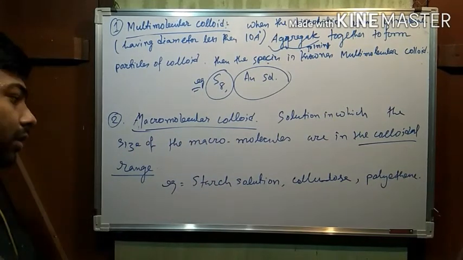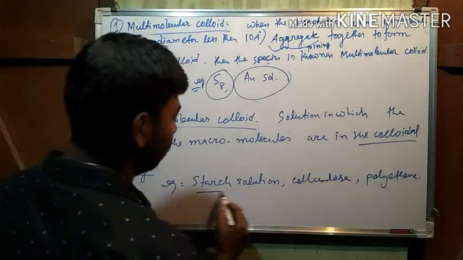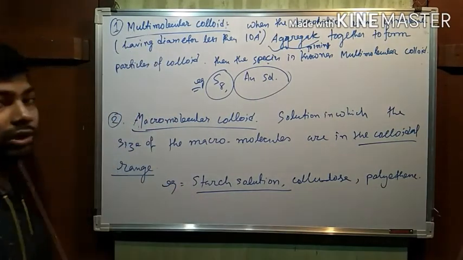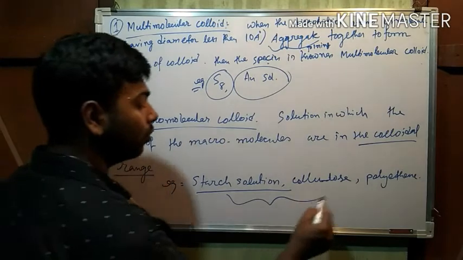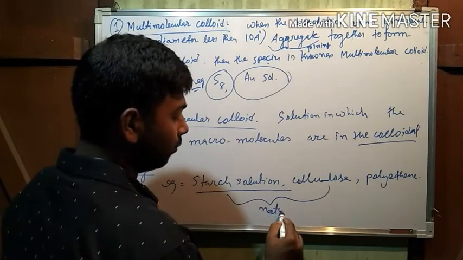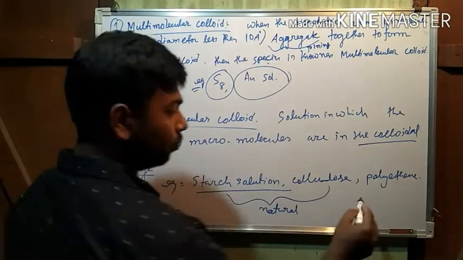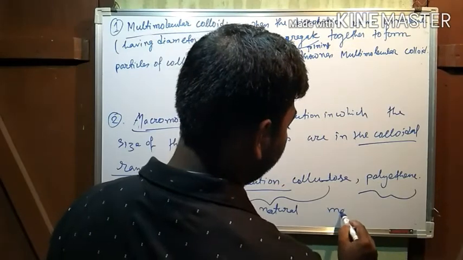One of the very well-known examples is starch solution and cellulose. These two are natural, but polythene is man-made.